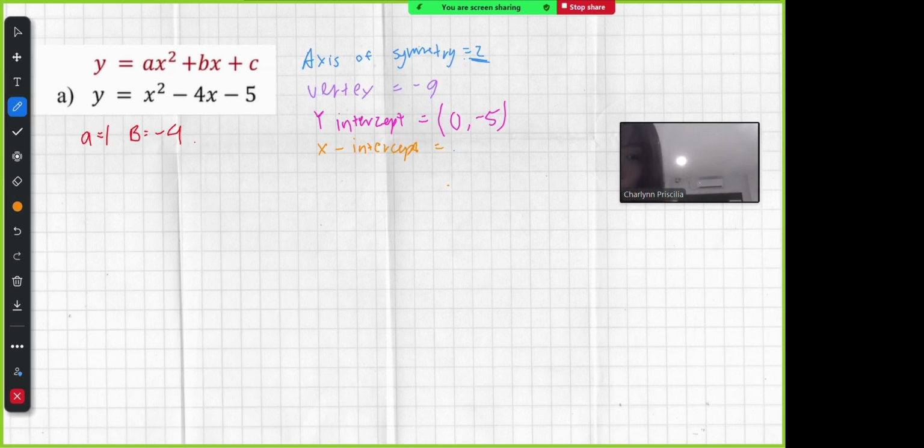There are 2 of them, so it's negative 1 comma 0 and 5 comma 0. That's basically everything we have to find. So we will save this information, and we will move to the next page.